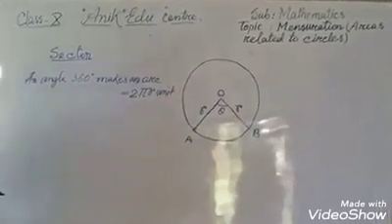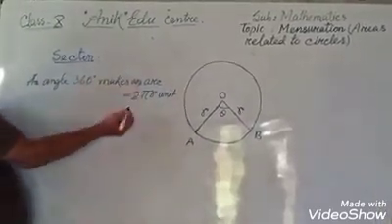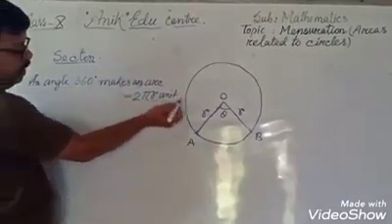Now 360 degrees makes an arc of length 2 pi r unit.